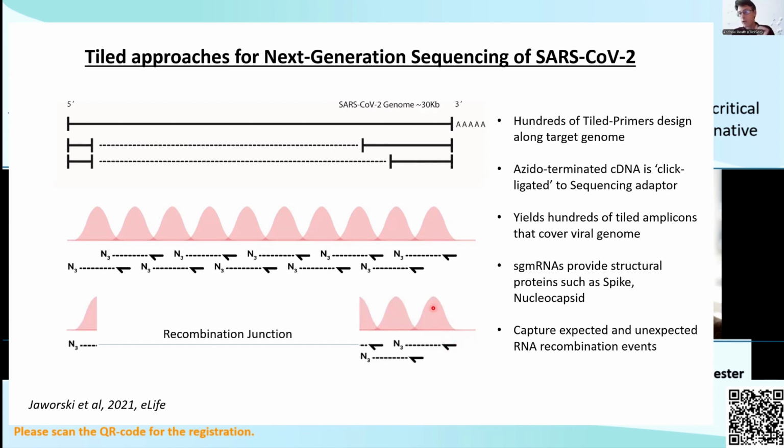So if you have a recombination event, or a splicing event, or some sort of fusion between your virus and the host, or your virus and another virus, or even the positive sense RNA, the negative sense RNA, it doesn't matter. You don't have to have two pairs of primers, you just have one, and you can sequence anything upstream. And so this provides a really powerful and agnostic tool for surveying RNA recombination in complex clinical samples.